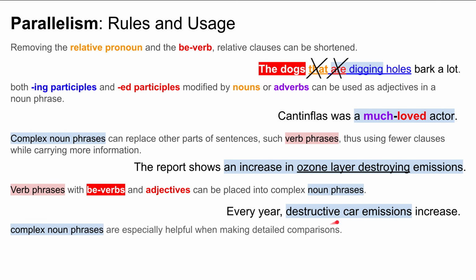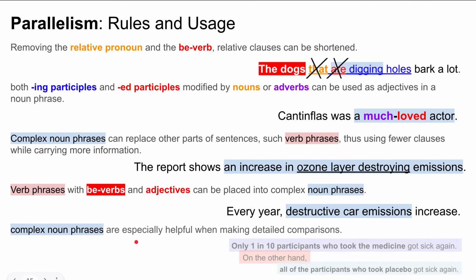So instead of saying car emissions are destructive, we just moved destructive before the noun car emissions. And lastly, complex noun phrases are especially helpful when making detailed comparisons. In the example, only 1 in 10 participants who took medicine got sick again. On the other hand, all the participants who took the placebo got sick again.